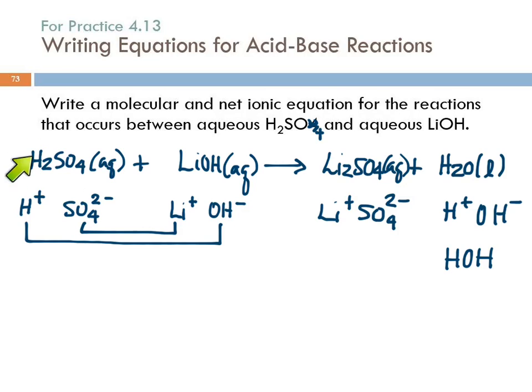Over here we've got 2 hydrogen ions, and here's a hydroxide. Over here we've got 2 hydrogen ions and an oxygen, and we look at that and we're like, that's kind of hard to think about. Let's start somewhere else. Let's start with lithium.